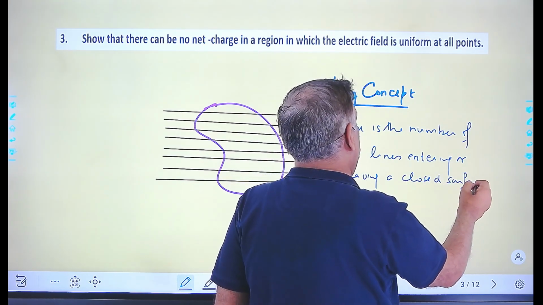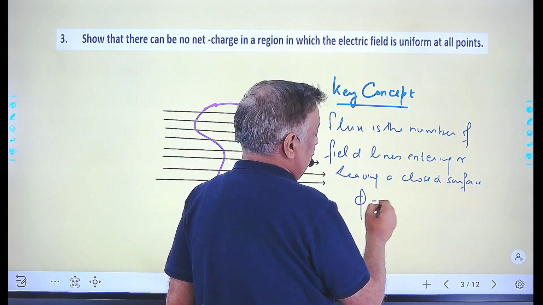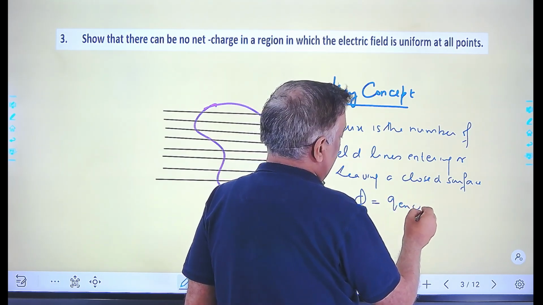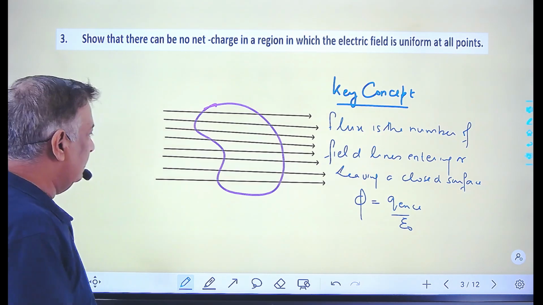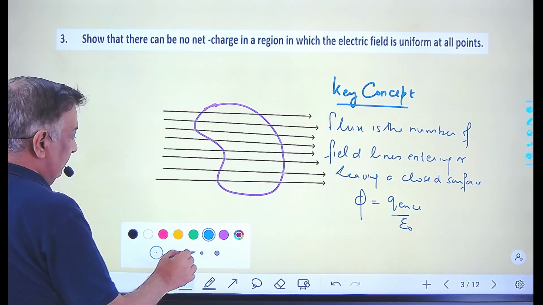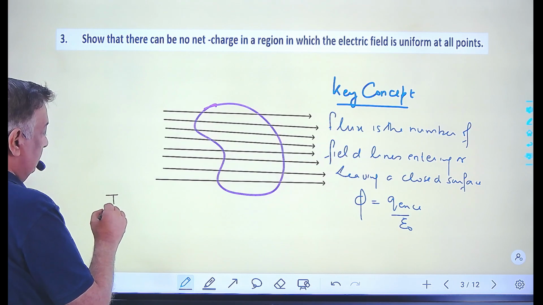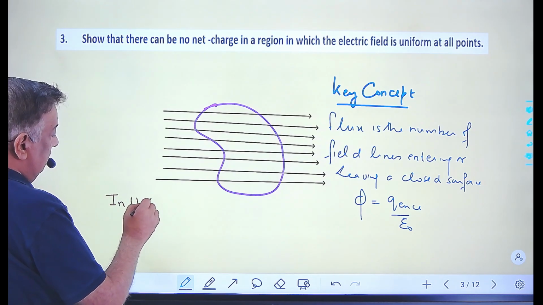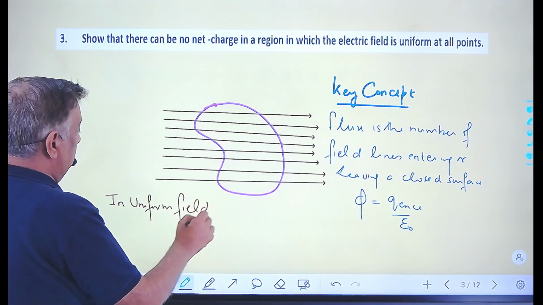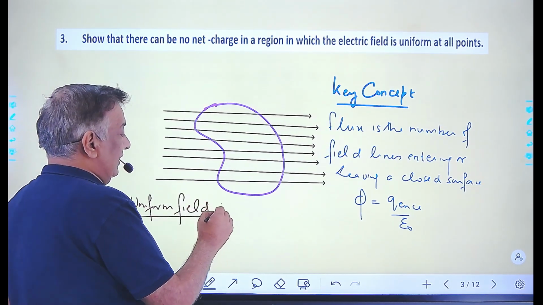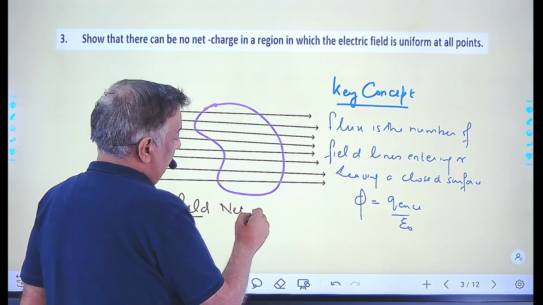So it's the net number of field lines. And it's Q enclosed by epsilon naught, this is Gauss law. So in uniform field, net number of field lines are zero.